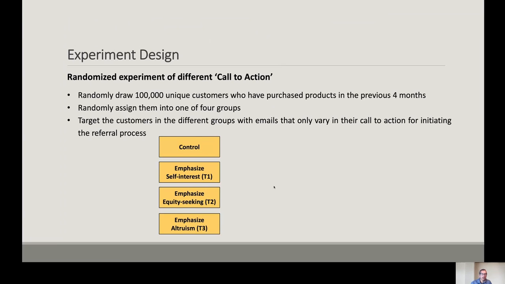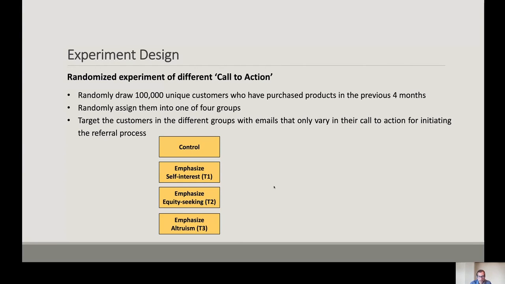And once again, you can think of a similar idea. While the incentive that is chosen is equal for both the inviter and the invitee, the messaging can emphasize a certain part of this scheme, right? The messaging can emphasize the self-interest, which means the messaging can underline the benefit that you are getting as an inviter, right?